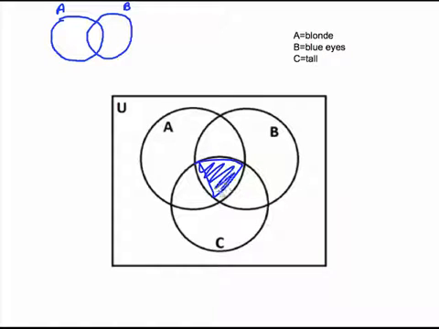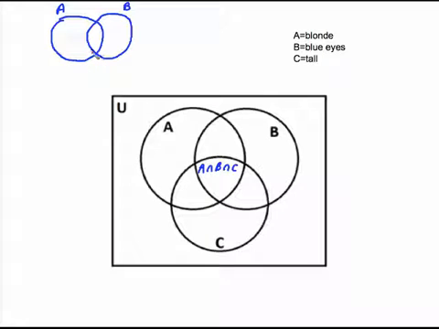This portion here is in set A. It's also in set B. It's also in set C. Therefore, the labeling on that little region is set A intersect set B intersect set C. So I just made up some names here. Let's say set A is blonde, B is the blue-eyed people, and C are the tall people in the class. So A intersect B intersect C would be the list of all the people who are blonde, blue-eyed, tall.